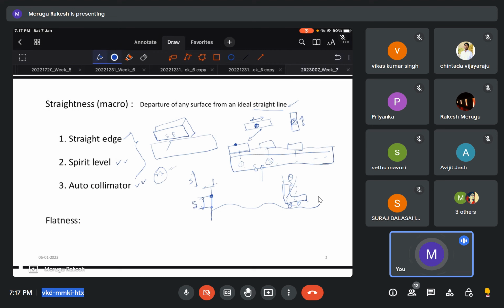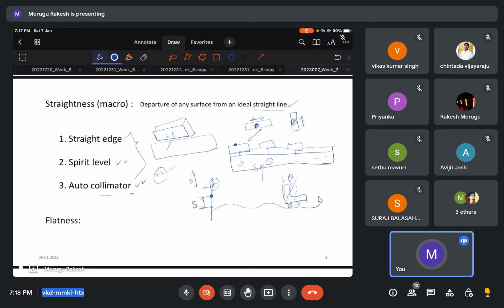This is the distance spacing, and f is the focal length. If anyone remembers the formula for the autocollimator, just let me know.